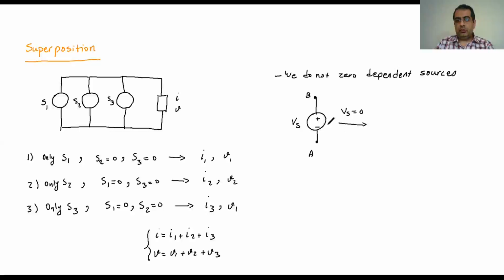To do that, remember, we just replace the voltage source with a single wire. So if it was A and B, we simply replace it with a single wire.